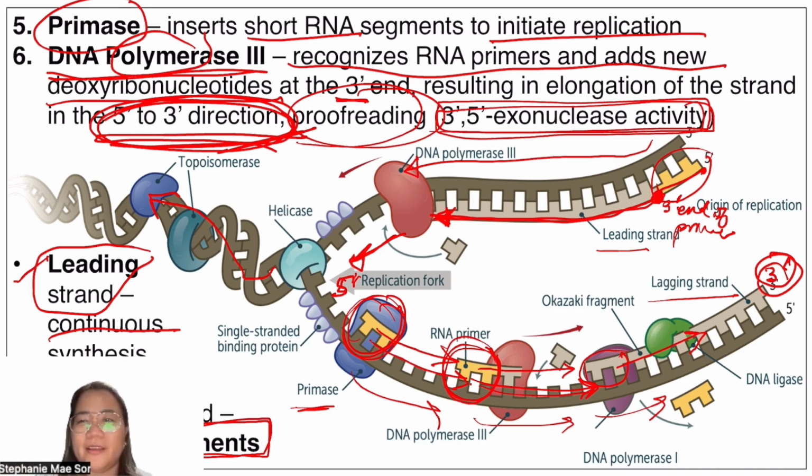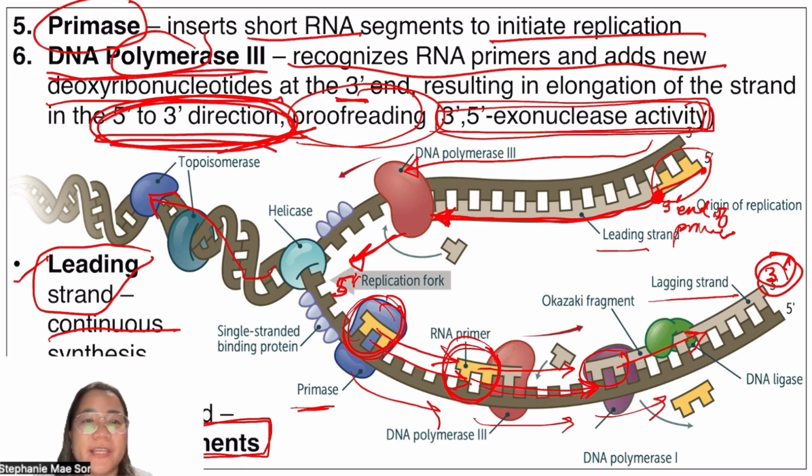So, tatanggalin niya yung nucleotide doon na mali, parang back-read niya, tapos mali pala, so tatanggalin niya yung mali, tapos lalagyan niya ng bagong tama. So si DNA polymerase, aside from being responsible for elongation, is actually helpful in maintaining the integrity of your DNA strand kasi it has proofreading activity. Okay? So next.